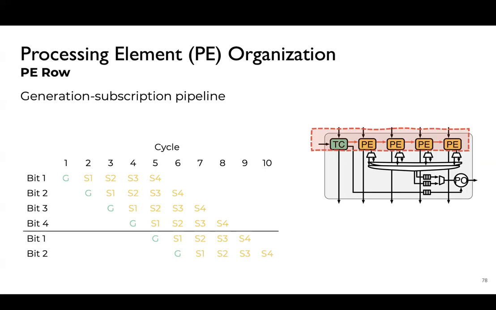Every bit seamlessly flows through this pipeline from left to right. In the sequence diagram of the four, they form a sequence of one generation stage and four subtraction stages in each row. And here, the sequential bits from two input data are shown.